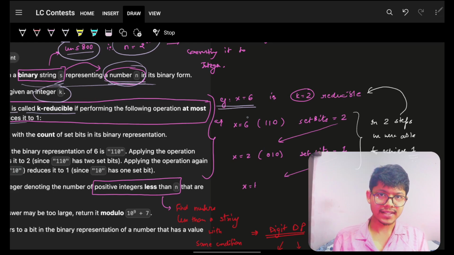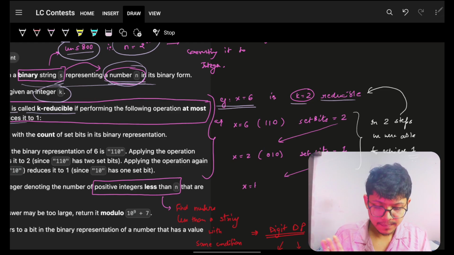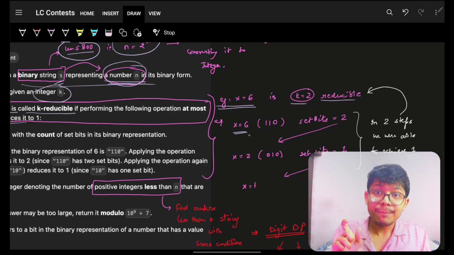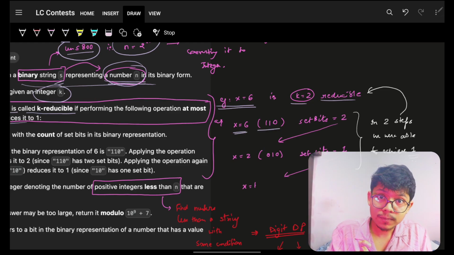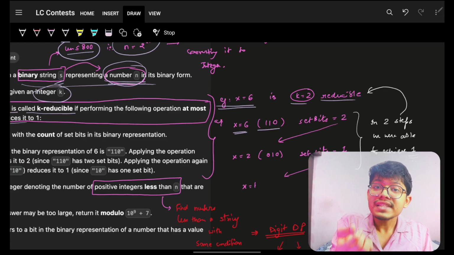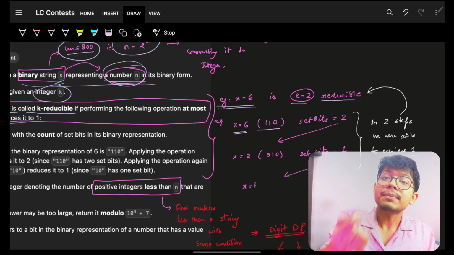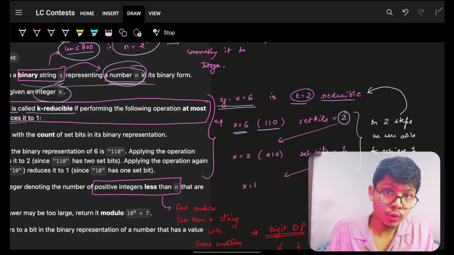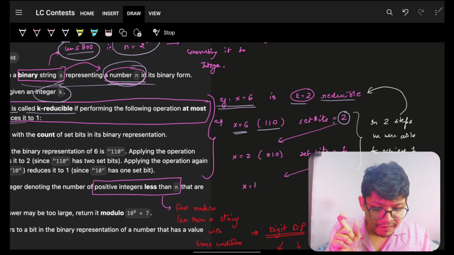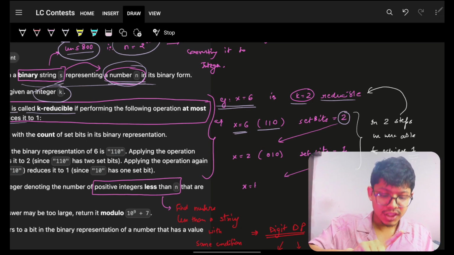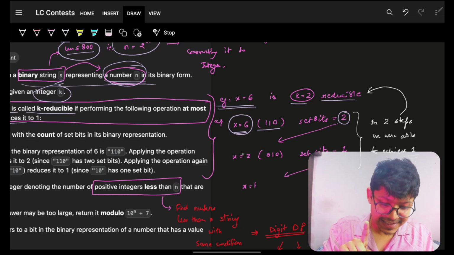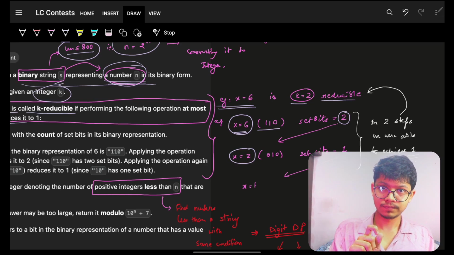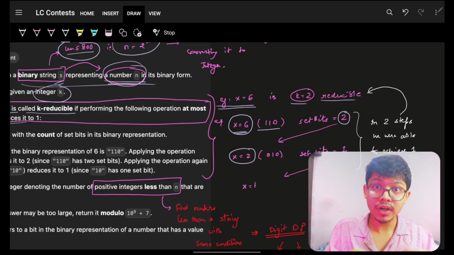It simply says that if the given number x, imagine it as n, is given to you as 6, forget about what k is and what reducible is. X as 6, its binary representation is 110. The number of set bits in its binary representation is 2. So I will take one operation to convert 6 to 2. Makes sense? And how did I convert?